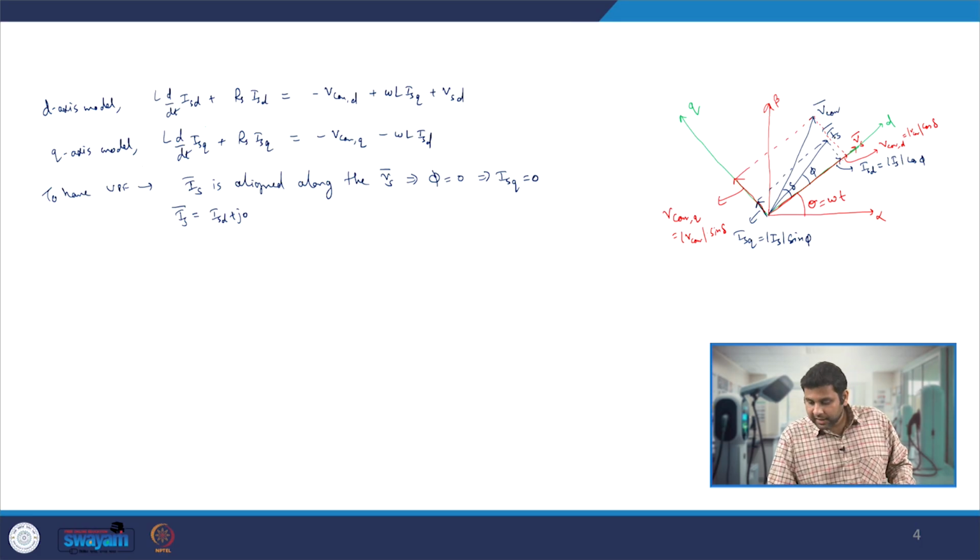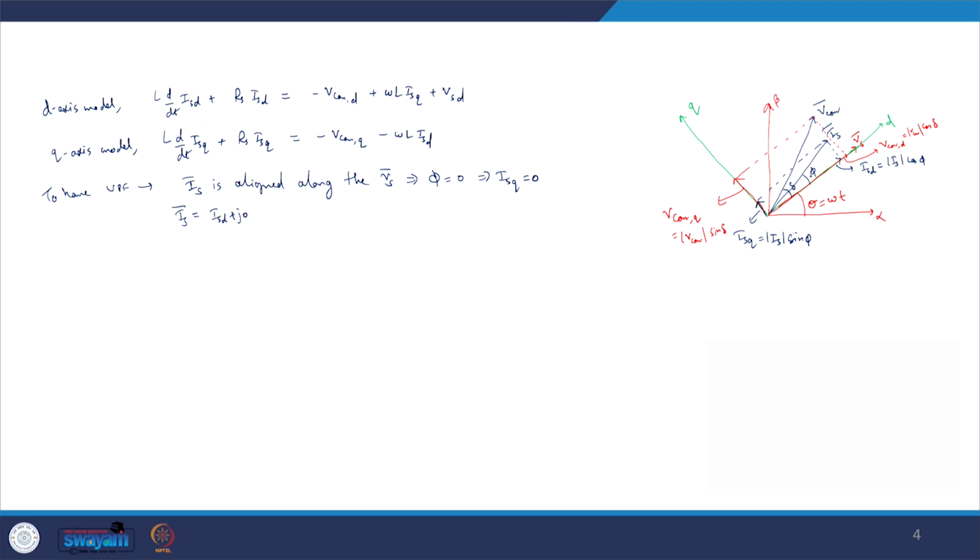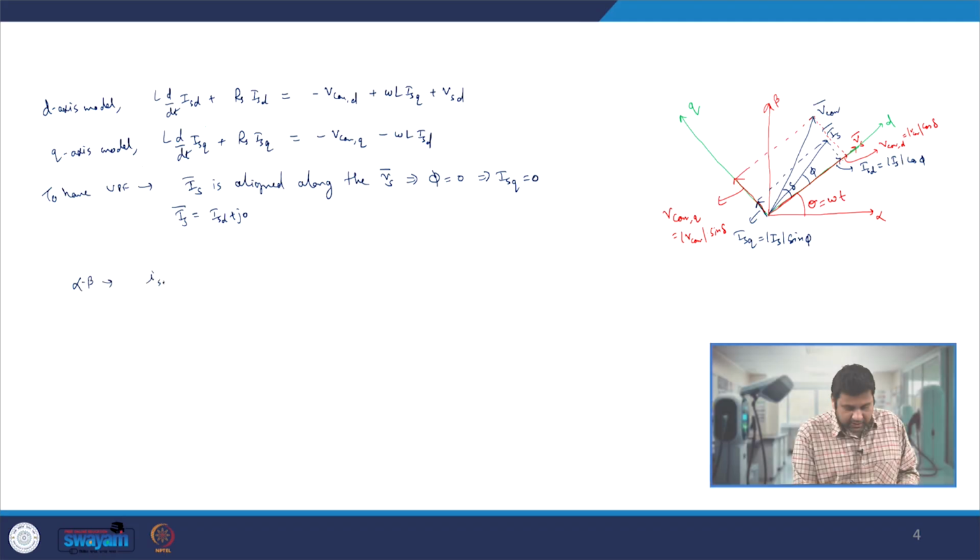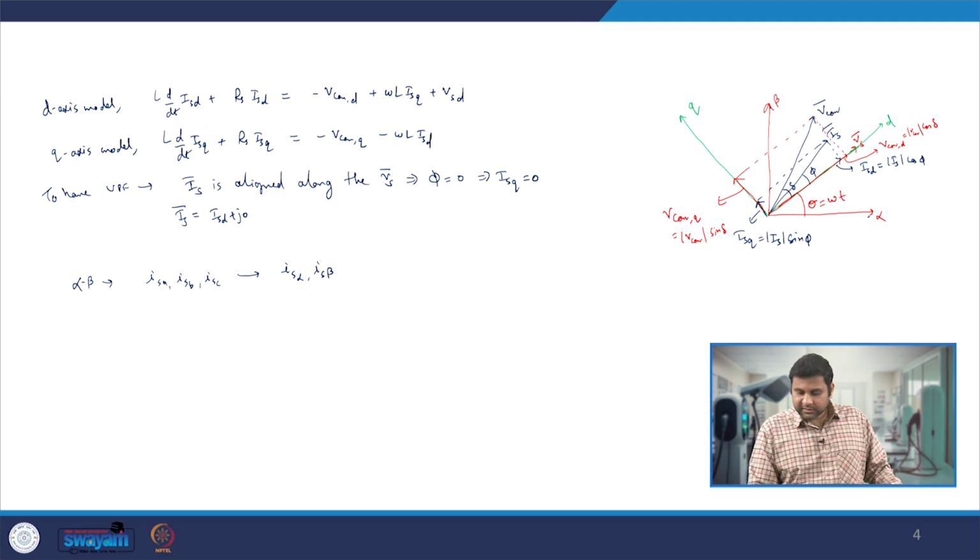That is when my IS space vector is aligned along the VS space vector, because this angle phi becomes equal to 0. Now if you look very carefully, alpha beta component, that means when you are converting ISA, ISB, ISC to IS alpha and IS beta, this alpha and beta axis are stationary axis, while this Vs space vector, or you can say the space vector which contains the information of all the phase A, phase B, phase C voltages, is actually rotating in space.